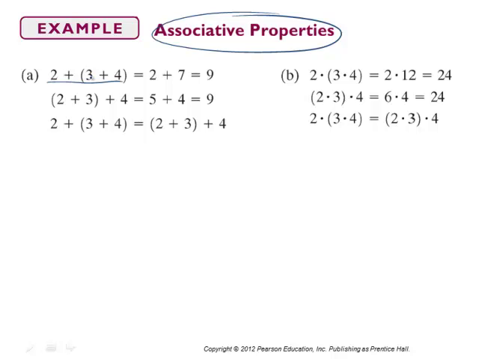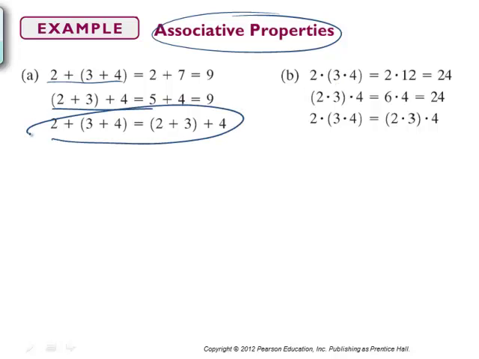Well, you could do 3 plus 4 to get 7, and then take 2 plus 7 to get 9. That's fine. Or if you want to do the first 2 numbers, 2 plus 3, you get 5, and then add 4 to get 9. It doesn't matter. Associative property says if you've got 3 numbers you want to add together, you can add together any 2 first, and then add the other one next.